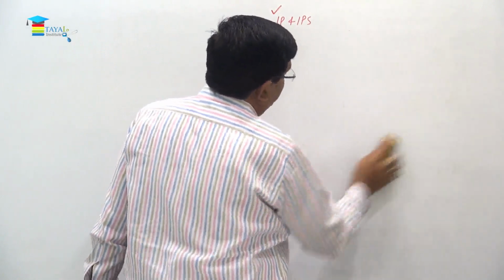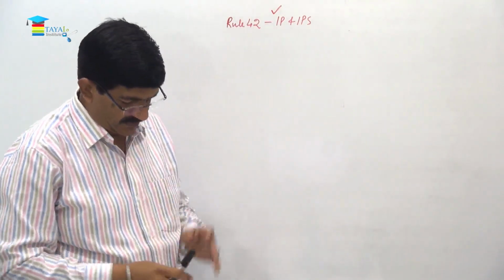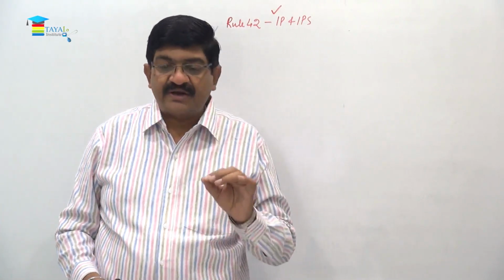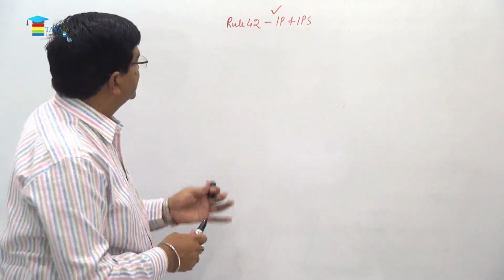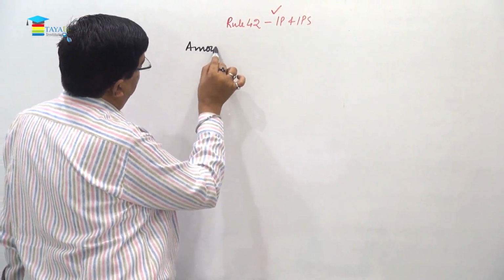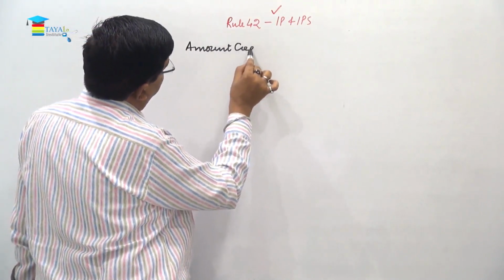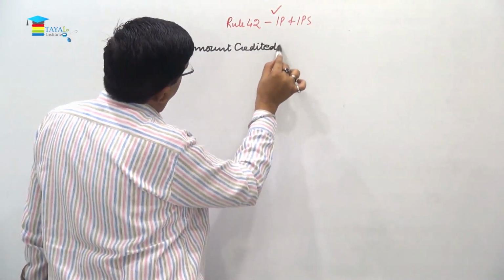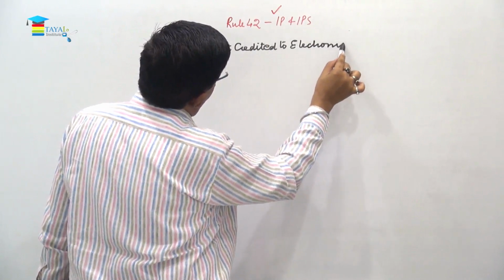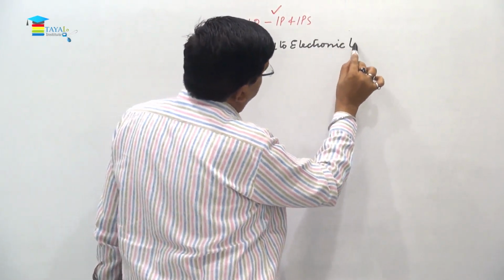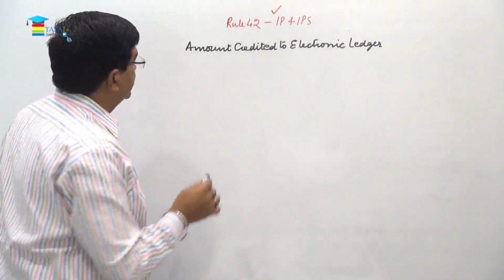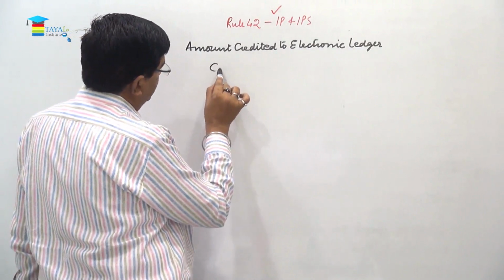Now how much amount will be credited or will be available? For that, the amount credited to the electronic ledger is referred to as C1. So the amount credited to the electronic ledger, this is called C1.